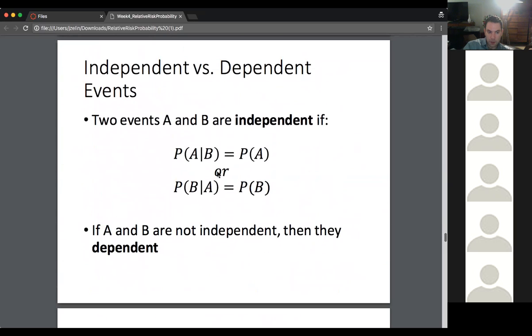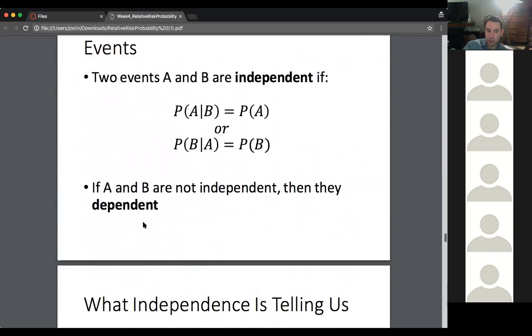If the two events A and B are independent, then the probability of A given B is equal to the probability of A, or the probability of B given A is the probability of B. If they are not independent, then they're going to be dependent.